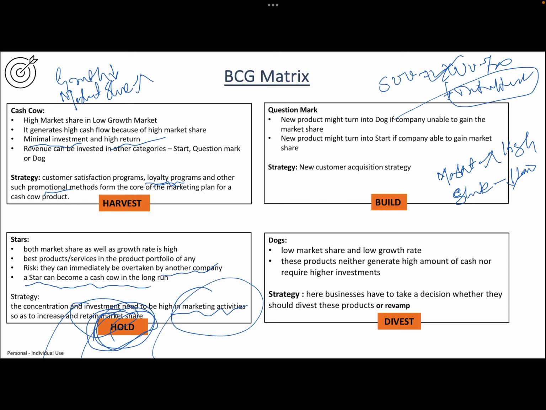SUV, mini SUV, small SUV, mid-size SUV, whatever they call it, they should introduce new products and should be able to gain new market and increase their market share. So the strategy is to acquire new customers by introducing new products.